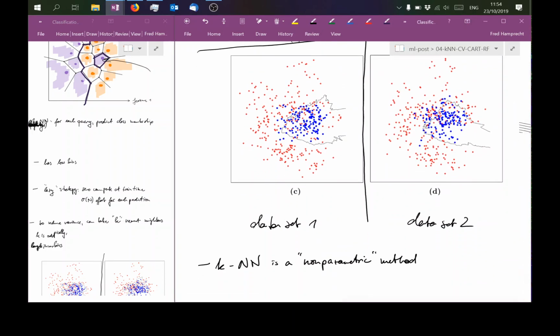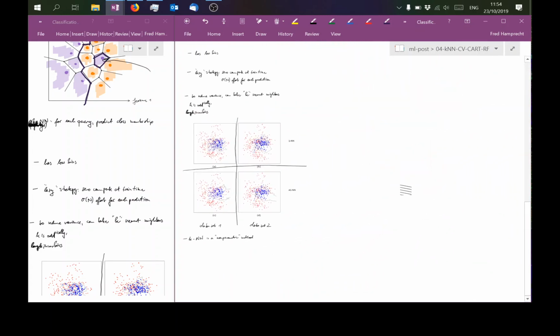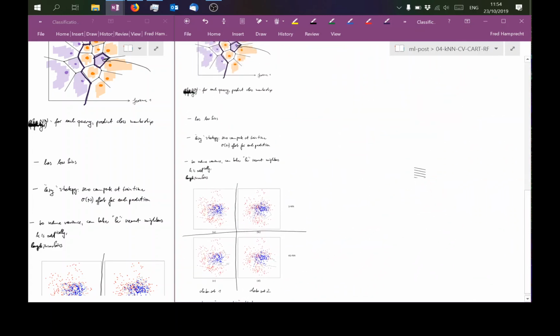Good. Do you have any questions? Yes? When you look at these data sets, is there a measure of homogeneity? So how ordered my samples are, basically?